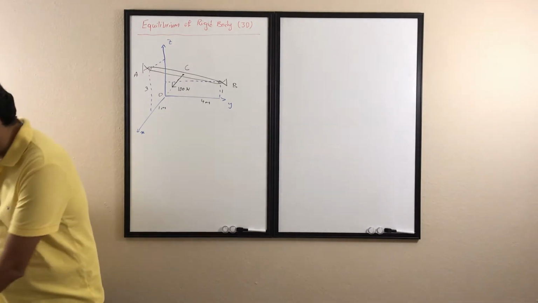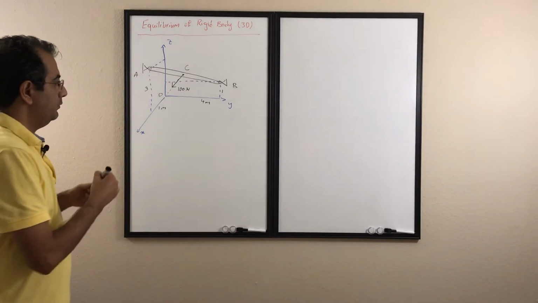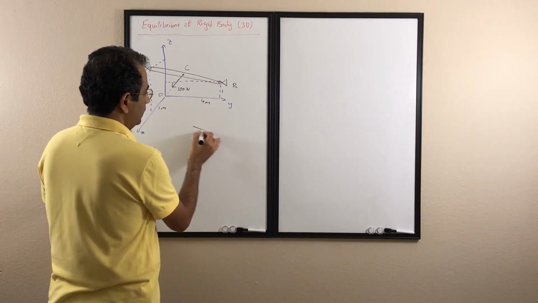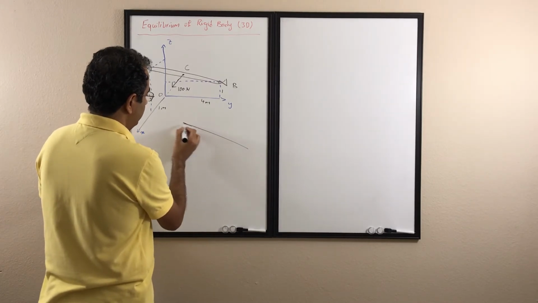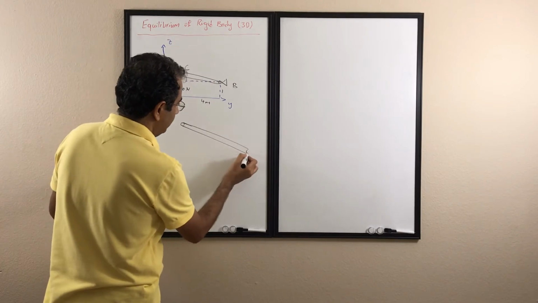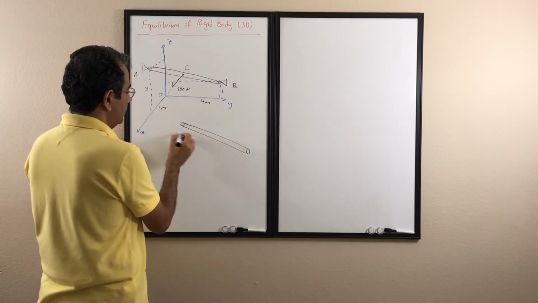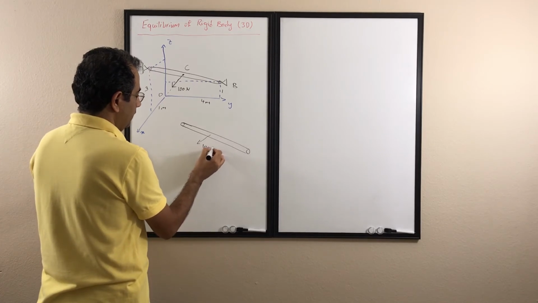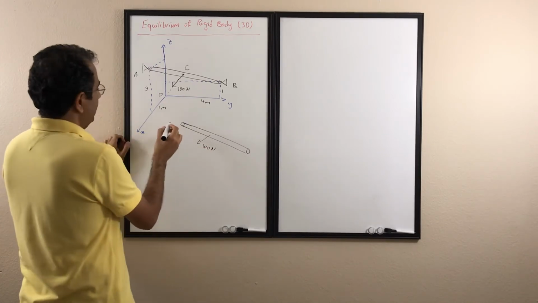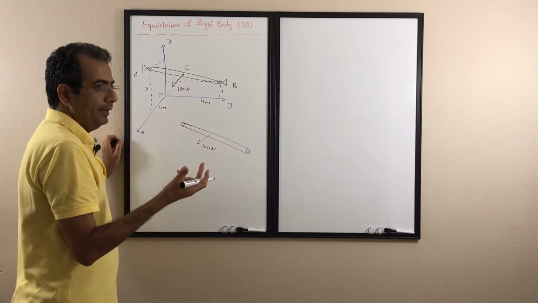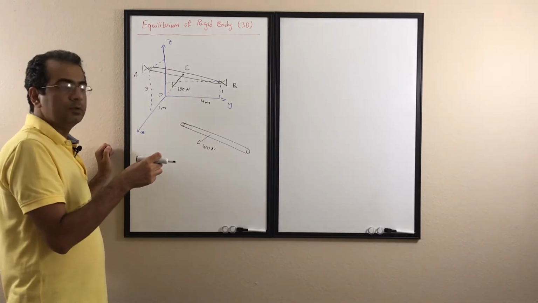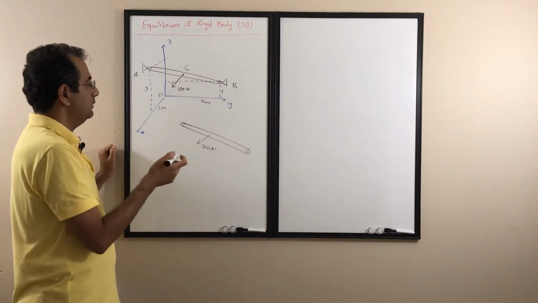So again, when we have this 3D object, the very first thing we need to do is draw the free body diagram. In this free body diagram we have this 100 Newton, and here at A we have 3 forces, AX, AY, and AZ, that hold that end in its location and don't let it move.